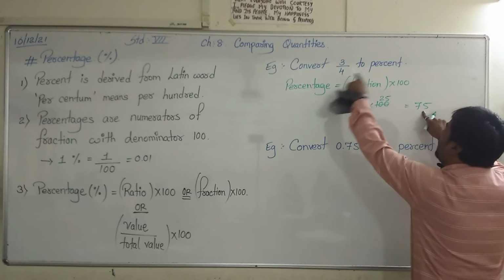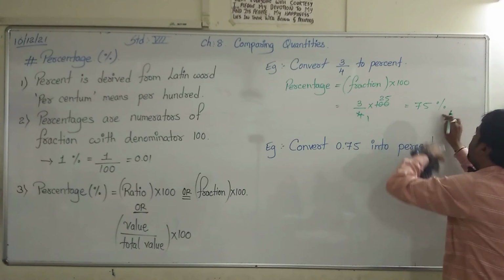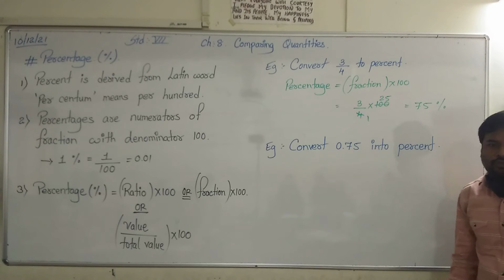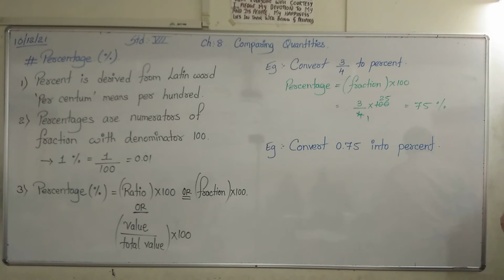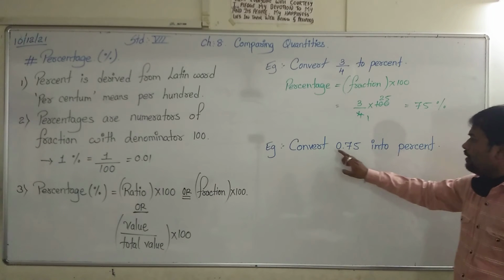Now here we are finding percentage, so it will be 75%. We have to write the unit behind it, the symbol for percentage. Right? Is it clear?